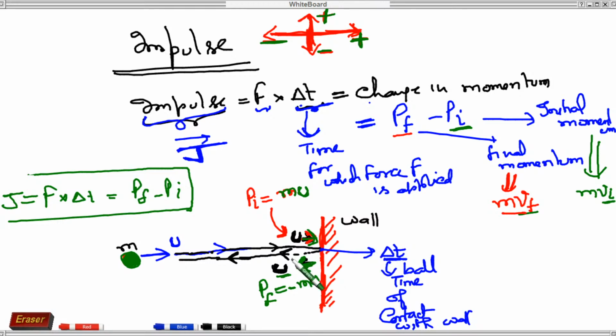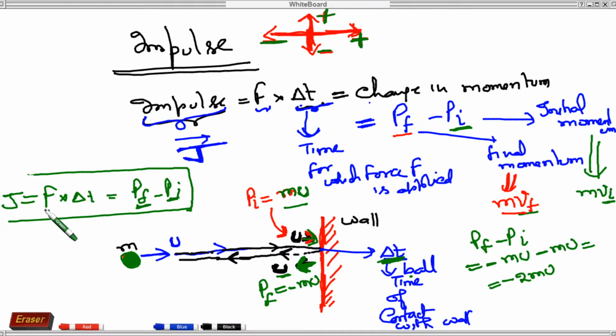So what would be the change in momentum? Pf minus Pi. Pf is minus mu, and Pi is mu, so it is minus 2mu. And I told you that this ball is here for delta t time.